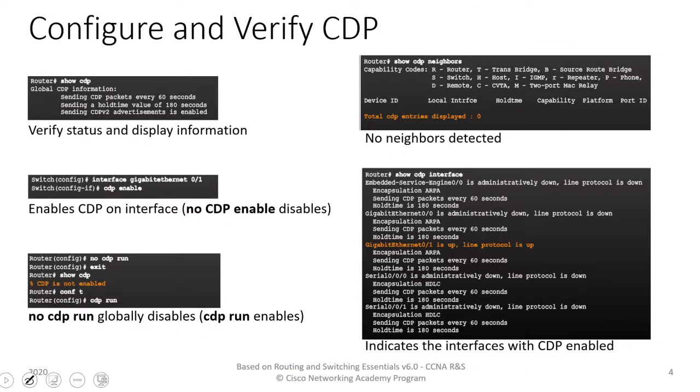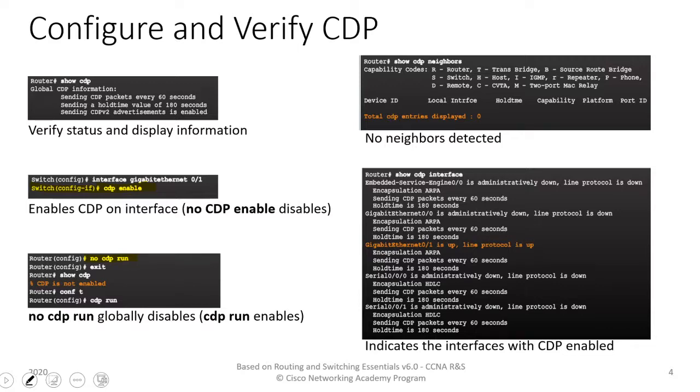The basic way of configuring CDP is fairly simple. By default it can be enabled. But if it is not enabled, we will use the CDP enable command to enable it, or we can use the no CDP run command to disable it.